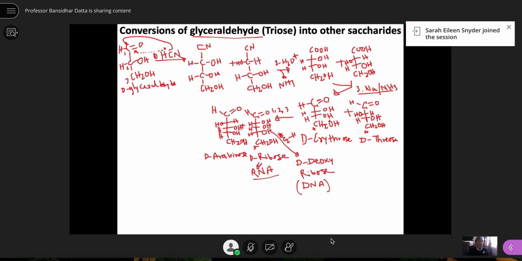So now, tell me, is carbon number 2 in deoxyribose optically active or optically inactive? The C2 center in ribose has 4 different groups or atoms, right? 1, 2, 3, 4. So that is optically active.